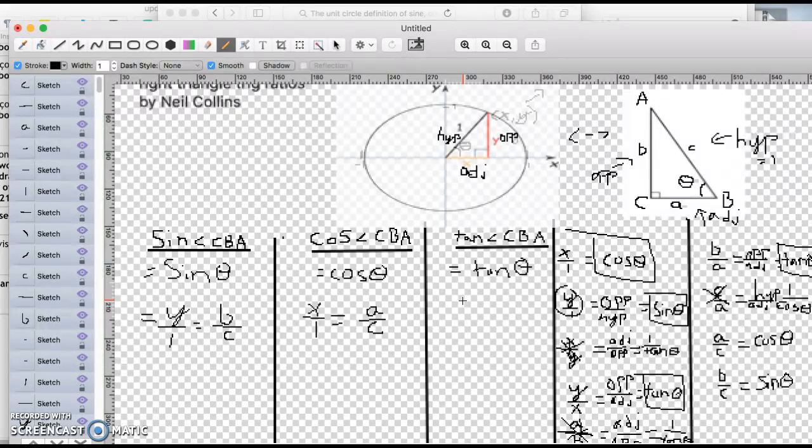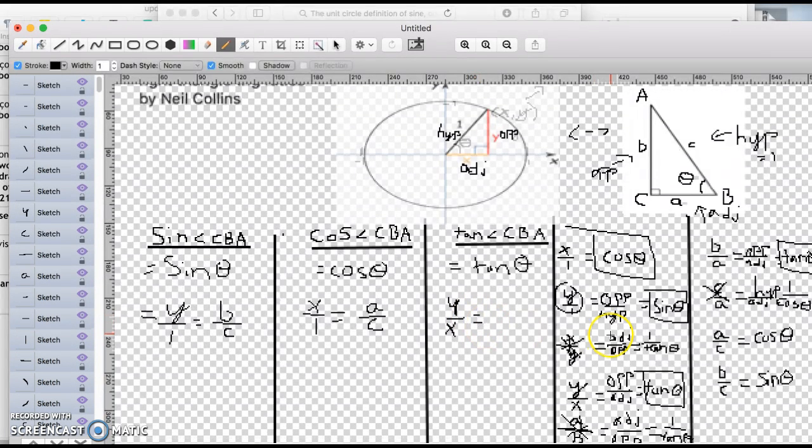For starters, we found that y over x, right here, y opposite over x adjacent gave us a tangent on this side, tangent of angle theta, and then the equivalent to this would be the expression B over A, over here.